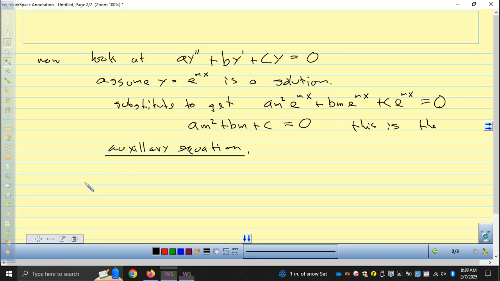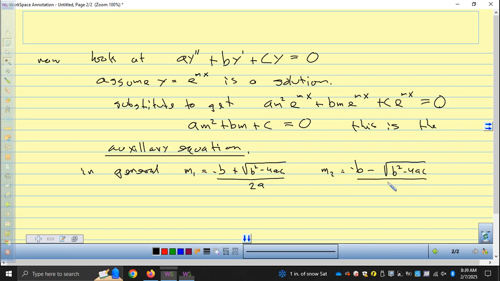So in general, I'm just going to write it as the quadratic formula. In general, m1 is going to be negative b plus the square root of b squared minus 4ac over 2a. And m2 is going to be negative b minus the square root of b squared minus 4ac all over 2a.